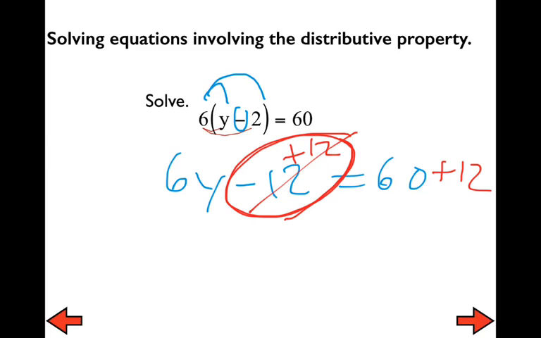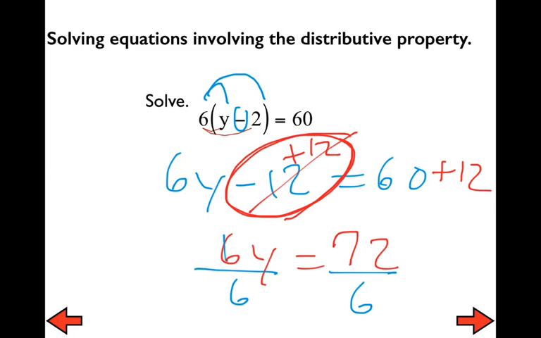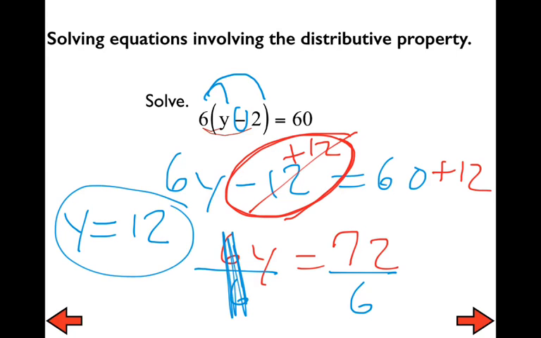So once we do that, we have 6y equals 72, and then the inverse operation to multiplying is dividing, so we're going to divide both sides by 6. We made our 1 right there, and so y is equal to 12. The solution is y equals 12 because 6 goes into 72 evenly. We don't need to do long division for that one.